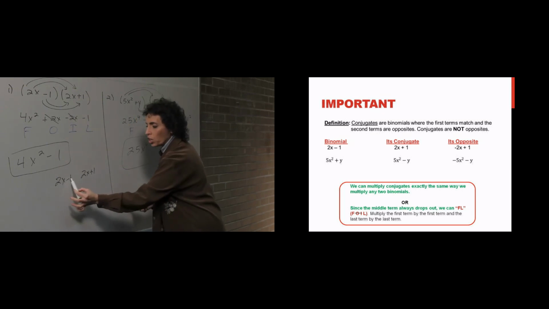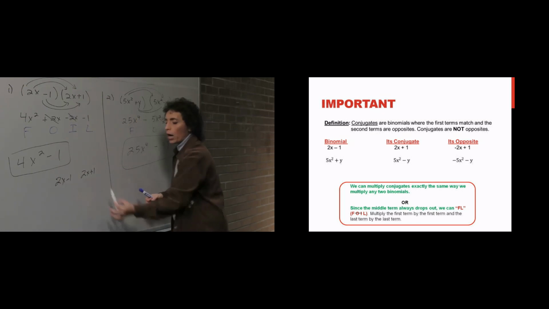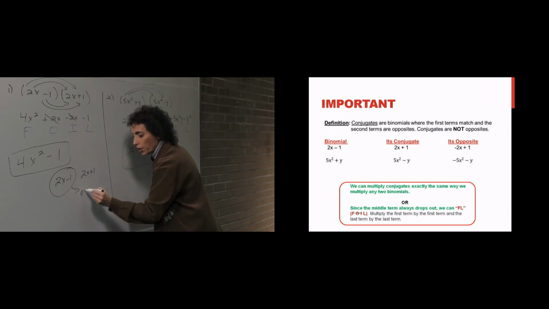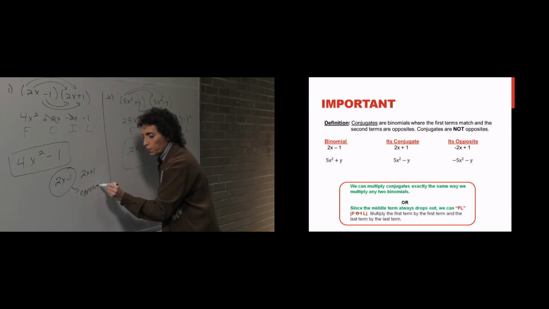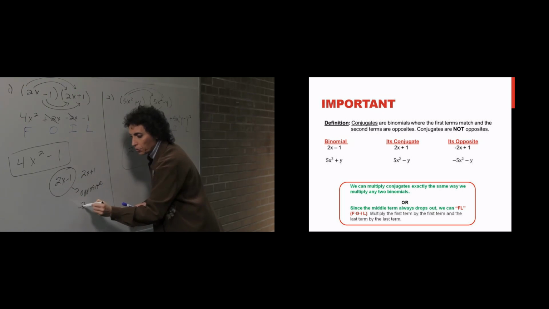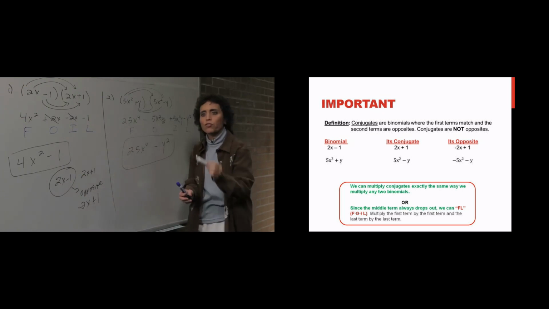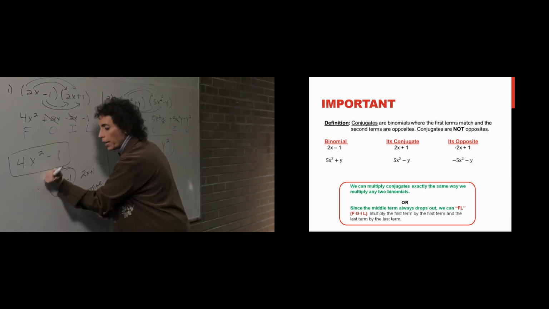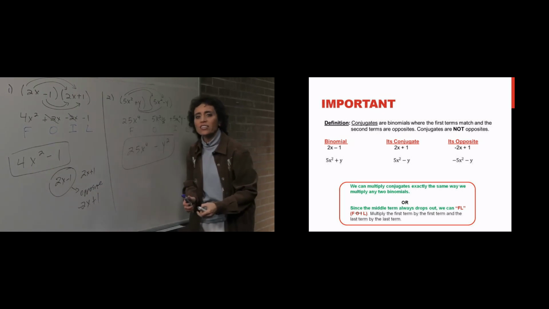First term matches, last term or second term are opposites. But the opposite of this would be for every sign to be opposite: negative 2x plus 1. Because remember, to make an opposite, you multiply through by negative 1. So that's the difference between conjugates and opposites.